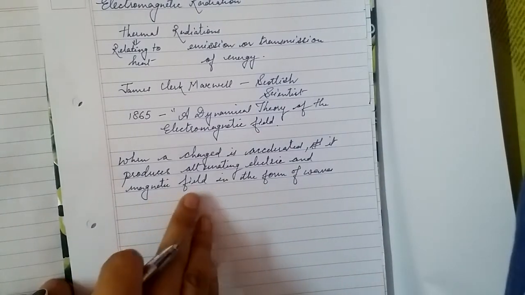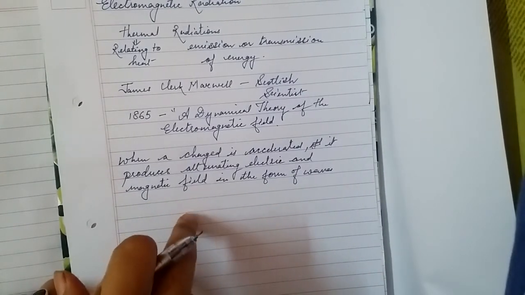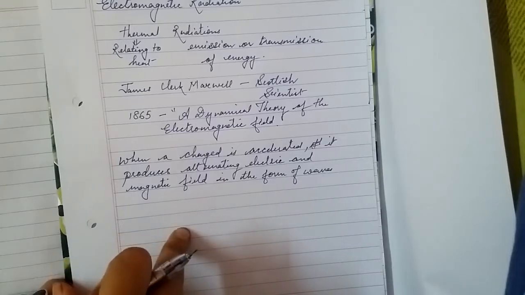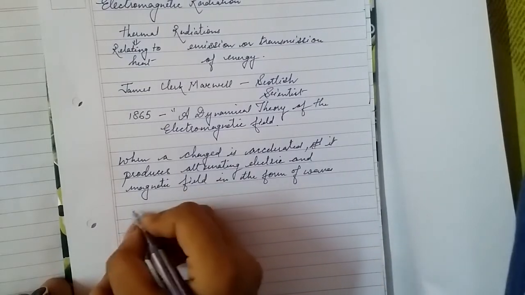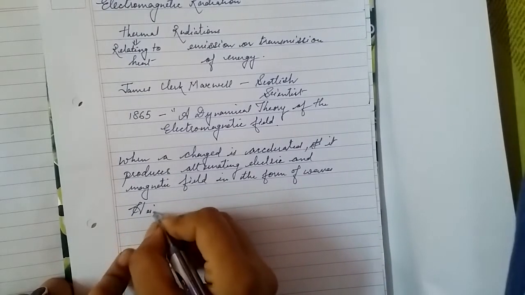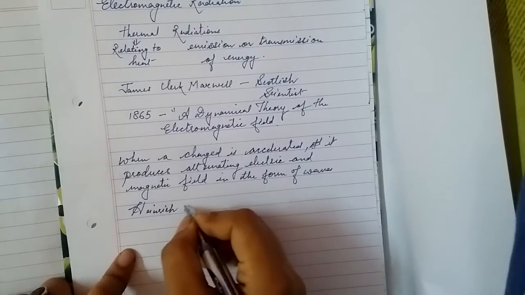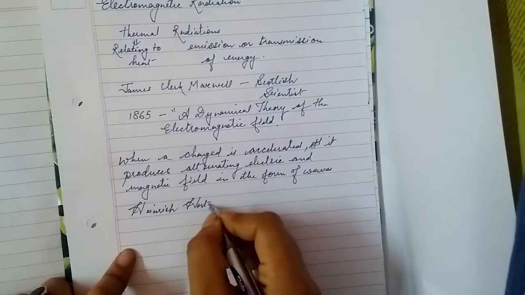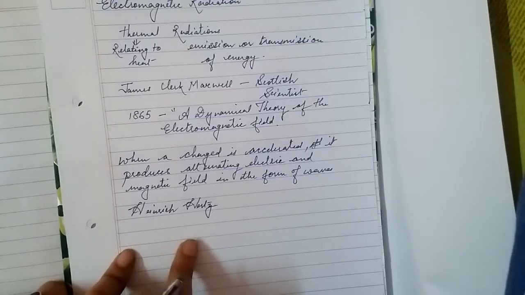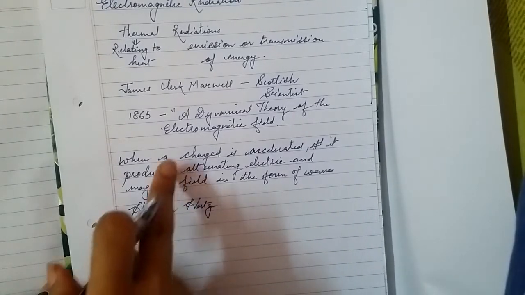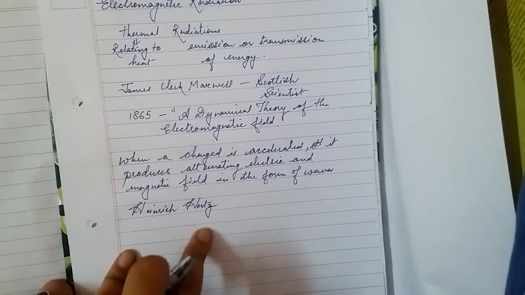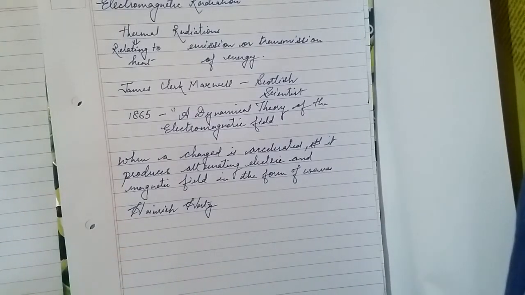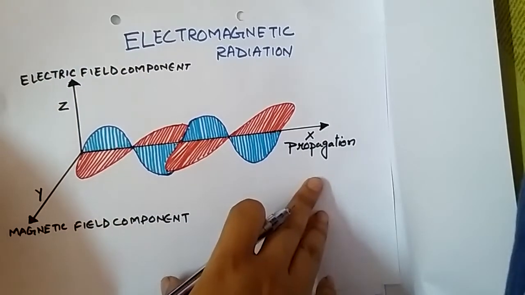And this theory was later on confirmed experimentally by Heinrich Hertz. So this was the man who confirmed the theory by experiment. Now let us try to understand this theory with the help of this diagram.